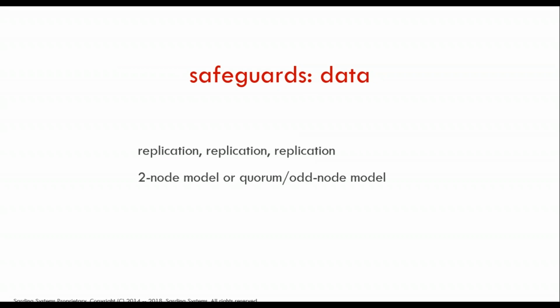So in relation to services with data, safeguards around availability are quite simple. It comes down to replication, replication, replication. And here, we either use a two-node model or a quorum/odd node model.